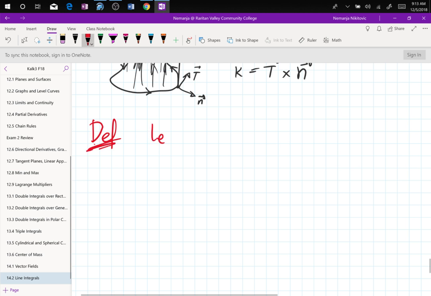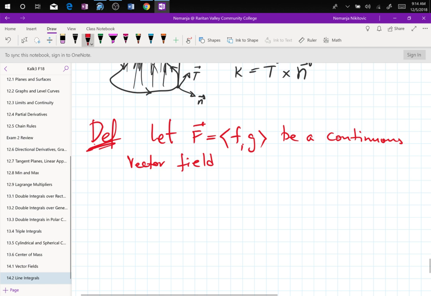It says, let vector field F be F and G, a continuous vector field on a region R of R2.